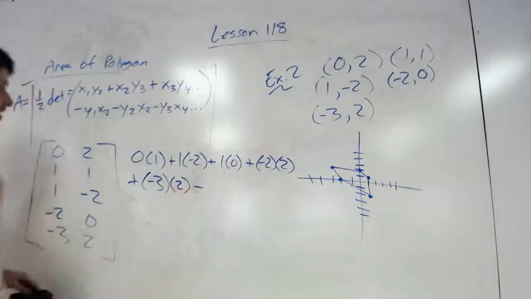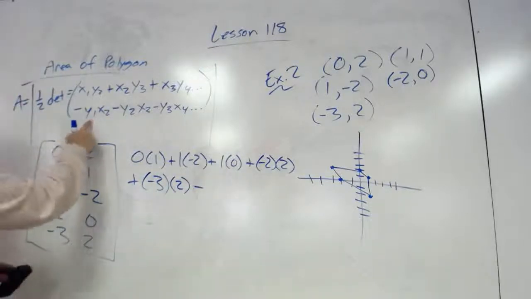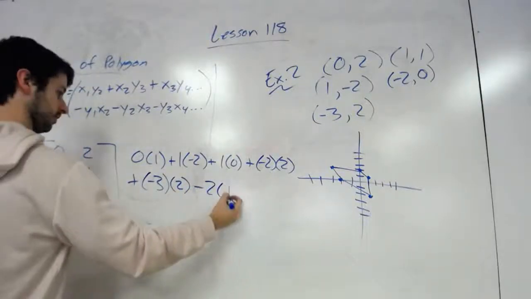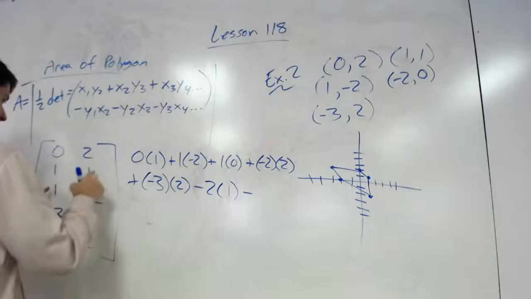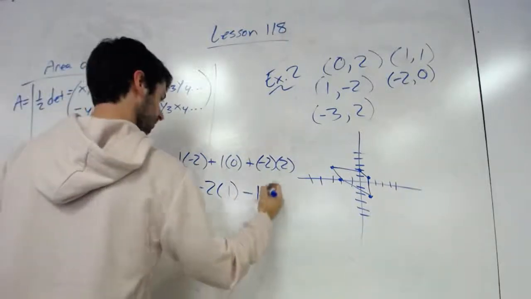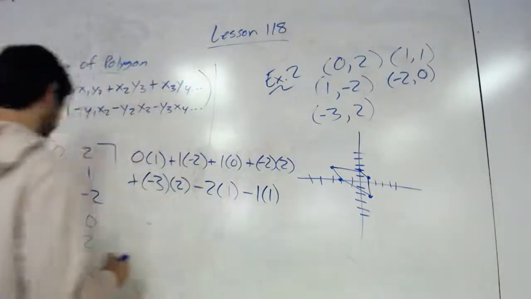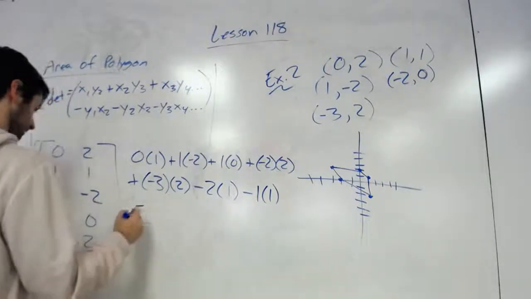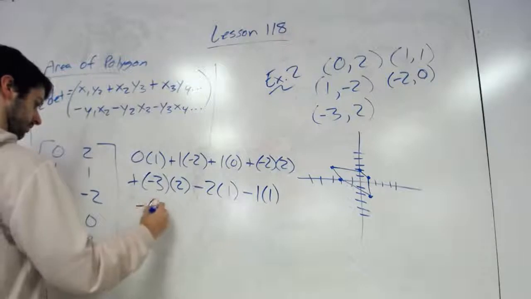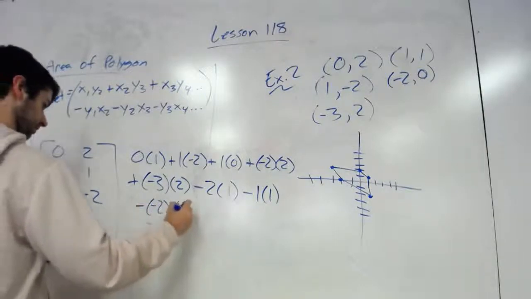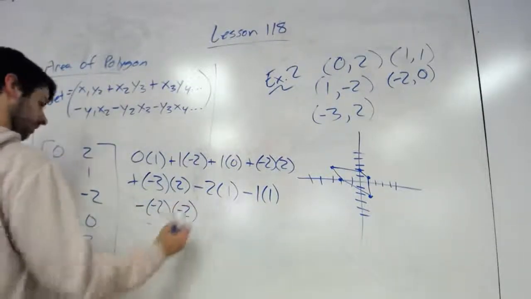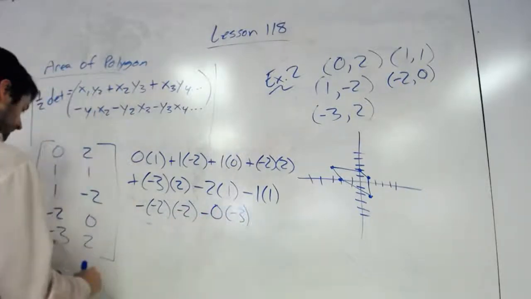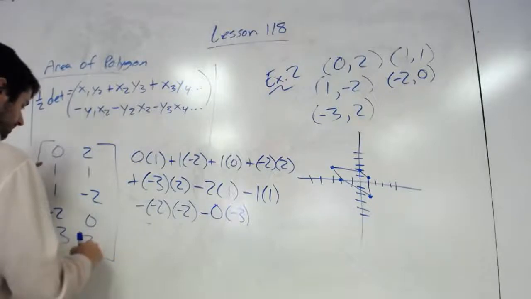Now I start doing my subtraction with my y since I ran out of x's, so y of 1 times x of 2, minus y of 2 times x of 3, minus y of 3 times x of 4, and then the last one, 2 and 0.